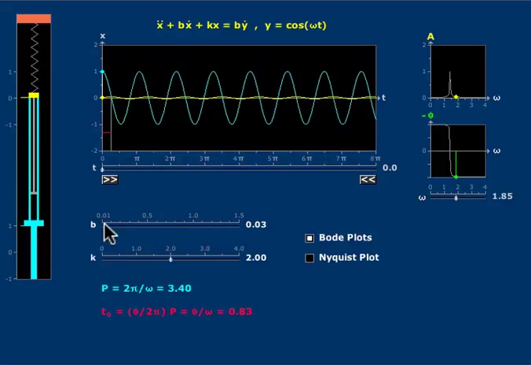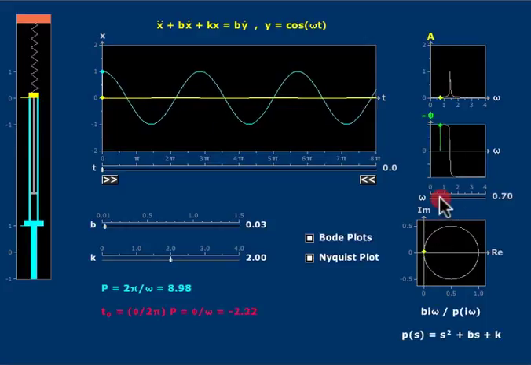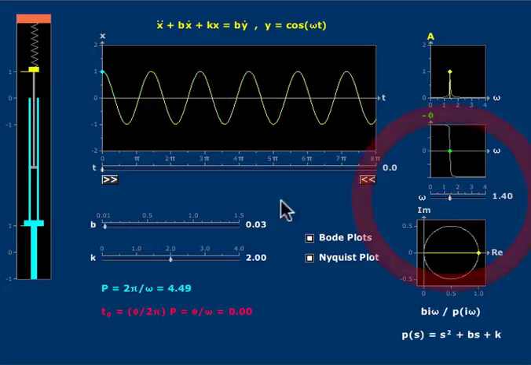The relationship between the gain and the phase lag can be illustrated very well using the Nyquist plot, which I'll open using this key. This is a plot of the complex plane, and on it is drawn a complex number in yellow, and that complex number has a magnitude and an angle.